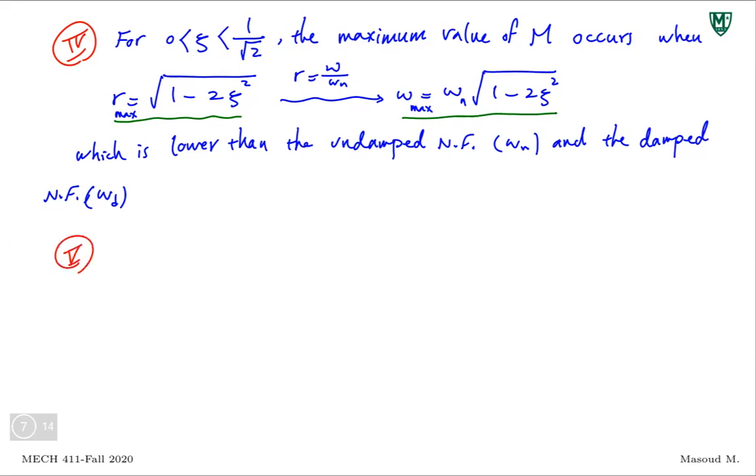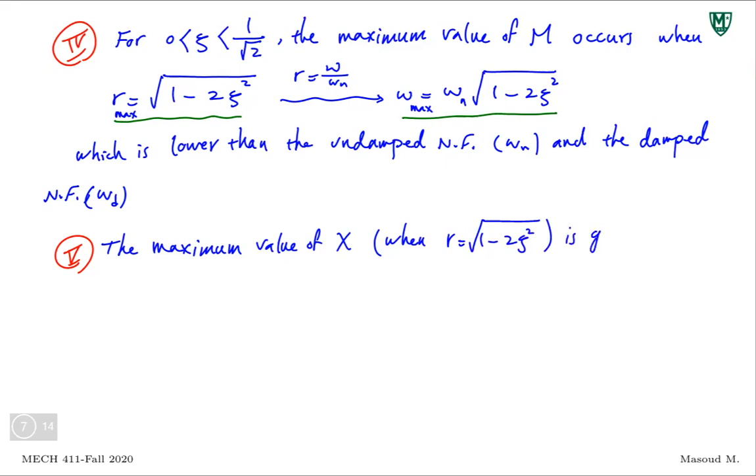Lastly, I'll tell you what the maximum is. That's the frequency at which the maximum happens. Now, the maximum value of x, obviously, I'm going to put it as when R is equal to square root of 1 minus 2 zeta squared. That frequency ratio is given by, I'll just give it to you directly.